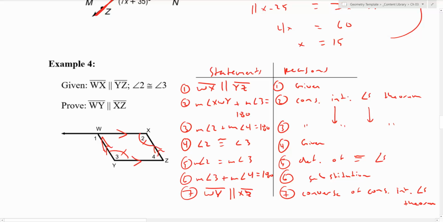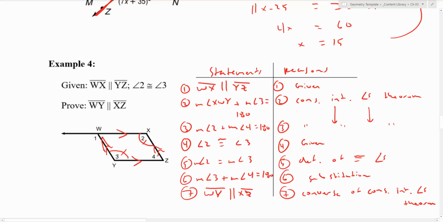Consecutive interior angles theorem. Now we know that angle 2 and angle 3 are congruent. That's part of our given. So through the definition of congruence, if these are congruent, then the measures of those angles are the same. And if we know that the measure of angle 2 plus the measure of angle 4 equals 180, then we can substitute the measure of angle 3 for the measure of angle 2 and say the measure of angle 3 plus the measure of angle 4 equals 180.